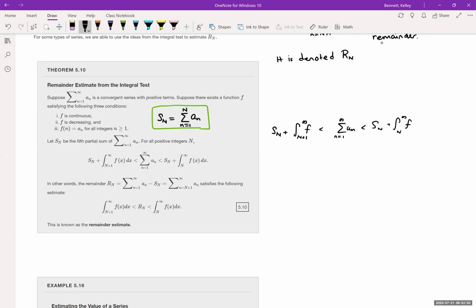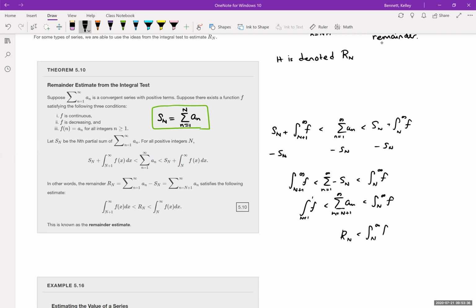If you subtract S sub n from both sides, then what you get is just the integral from n plus 1 to infinity of f. And S sub n is just the first n terms, so this is just the sum from n equals capital N plus 1, and this is just R sub n, the remainder. So that's where that comes from.